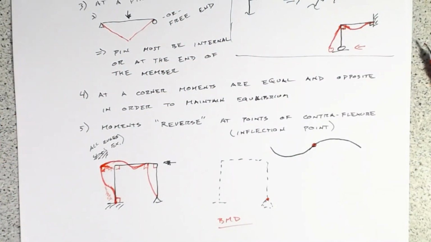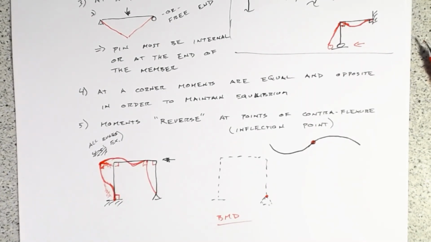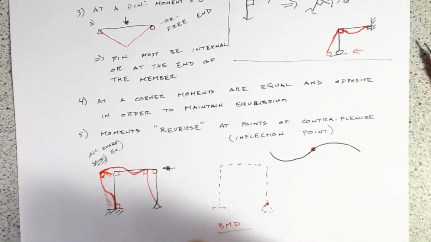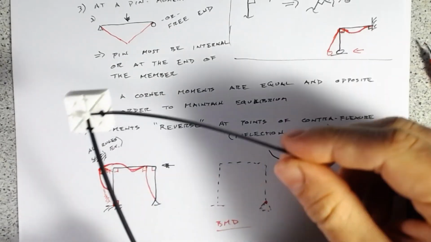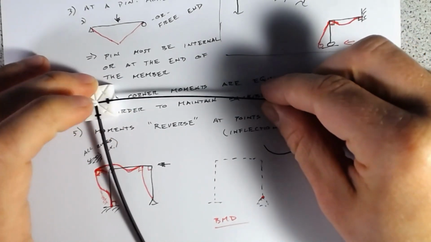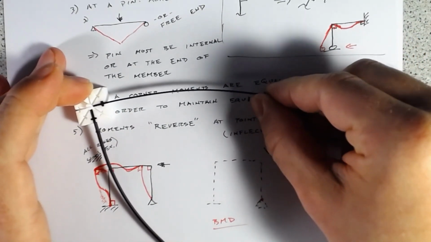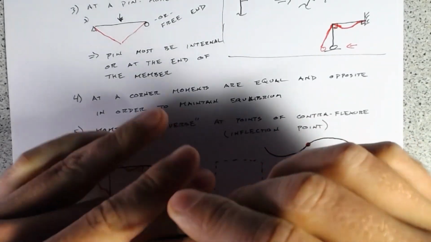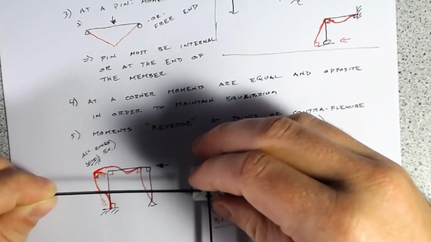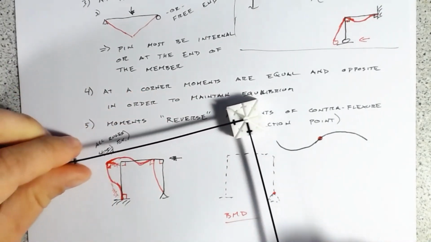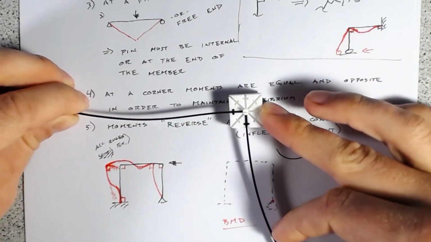So see if I can get you a little bit of a demonstration here. If it's going this way, you can see that it's going to curve up, and then if we put it the other way and hold this still, let's try to bend it there.